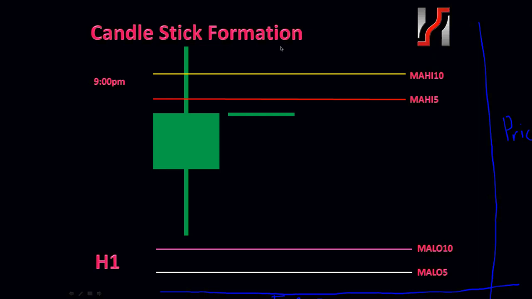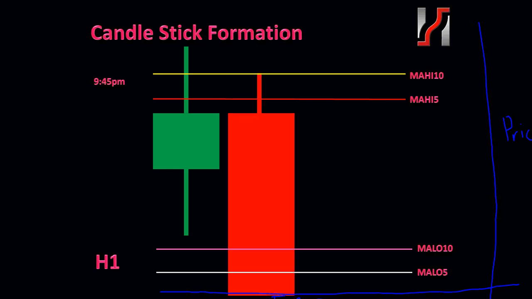Excuse me. Okay, so at 9 p.m. a new candle opens. So 50 minutes pass by, it rolls up, crossing my 5 and my 10. And then another 30 minutes pass by, the price falls down and left a shadow on my 5 and 10, which is a rejection. And obviously it went down to this lowest price over here. And then another 15 minutes come by, it closes at this particular area.